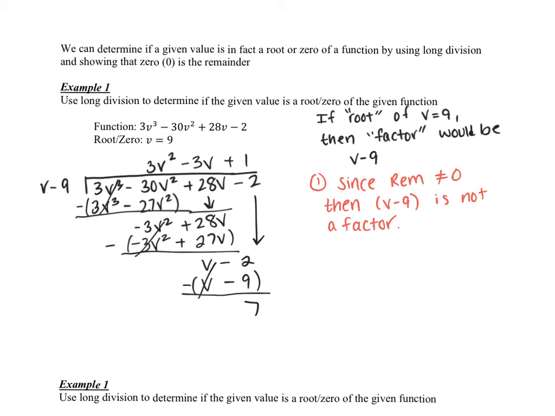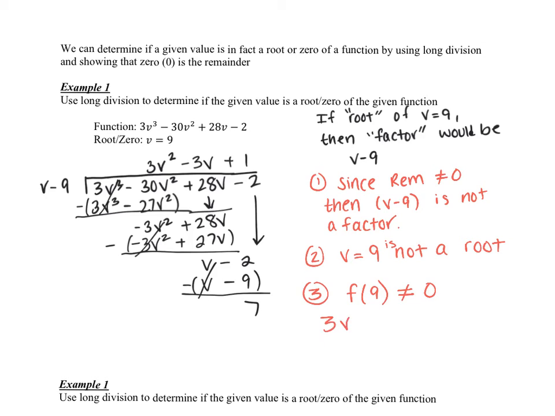And if v minus 9 is not a factor, then the opposite sign, v equals 9, must not be a root. So v equals 9 is not a root. And the third thing is that if I did f of 9, I would not get 0. So let's plug it in and see what we would get.